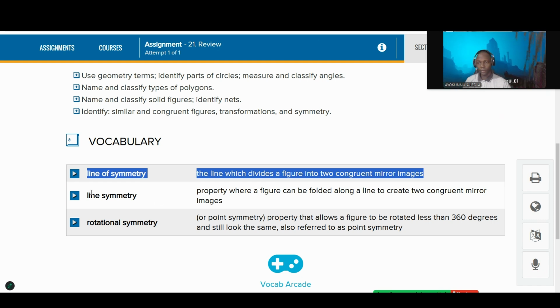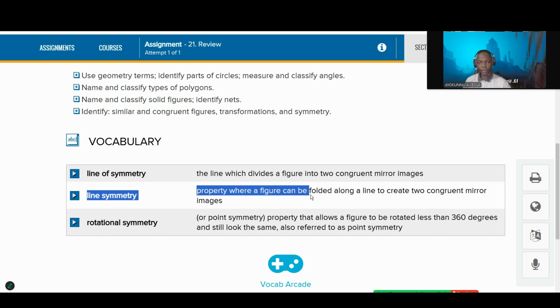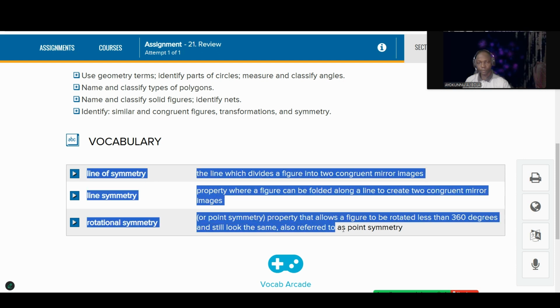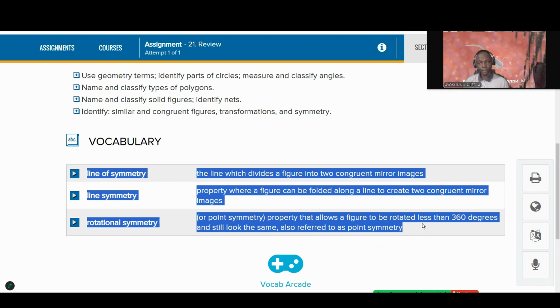So the basic terms here: line of symmetry, the line which divides a figure into two congruent mirror images. Line symmetry is a property where a figure can be folded along the line to create two congruent images. So are you there now? Okay, yeah. I want you to read this for me. Line of symmetry.